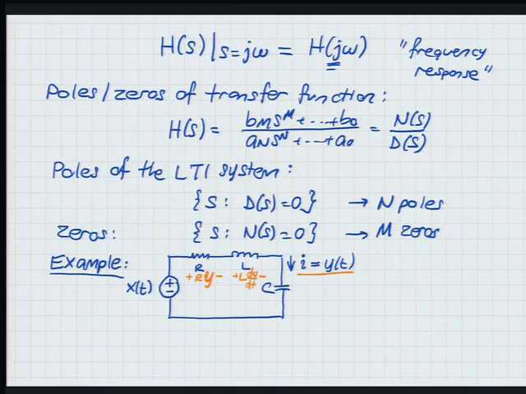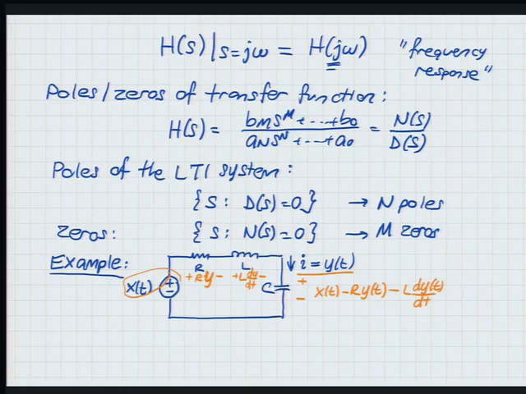Then the voltage across the capacitor has to be x take away Ry and L dy/dt. So the voltage here is x of t minus R y of t minus L dy of t/dt. Do you guys agree with this?